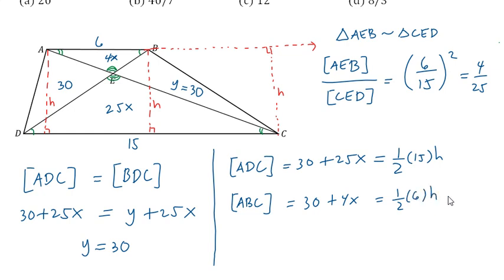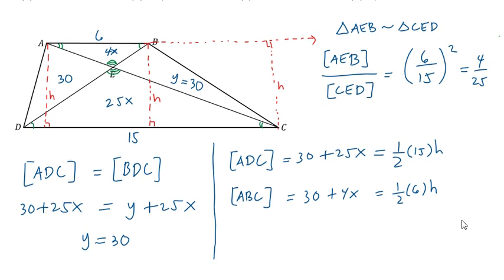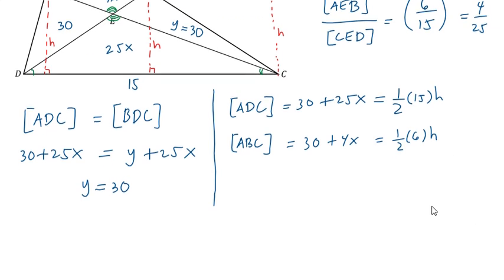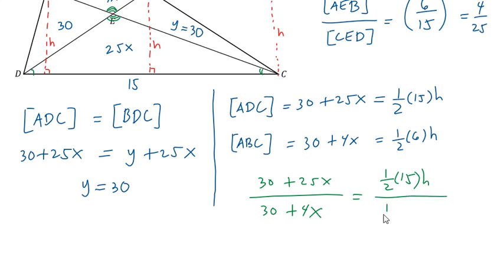Now, let's solve for x. Because the area of triangle AEB is represented by 4x, we just need to know the value of x. So what I'll do next is divide the equations. If we do that, we have 30 plus 25x divided by 30 plus 4x equals 1/2 times 15 times h divided by 1/2 times 6 times h.